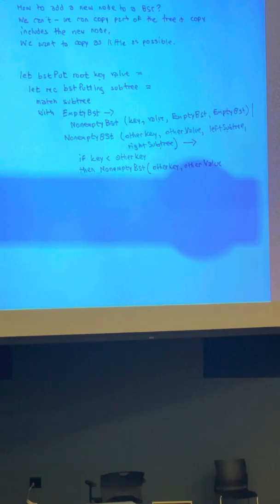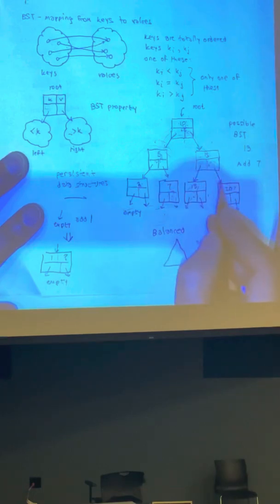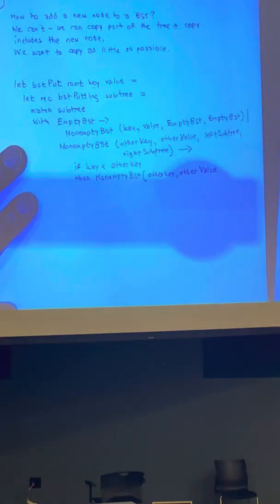Okay, it's the same with other programming languages where if you pass a pointer to something, the thing you're pointing to doesn't get copied. Okay, so let's imagine here, we would like to add something in the left subtree. That means that we don't have to copy the right subtree at all. We can simply just reuse a pointer to it.